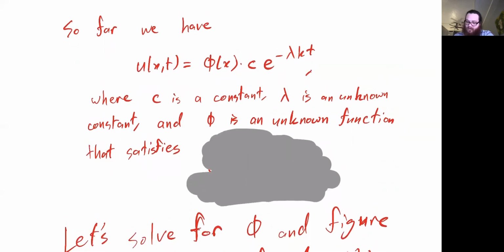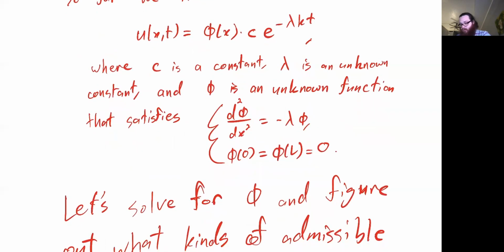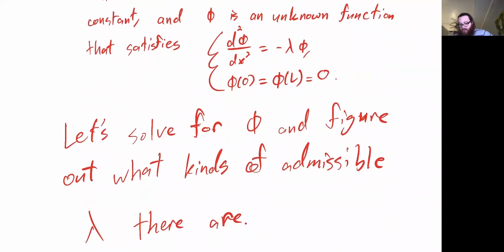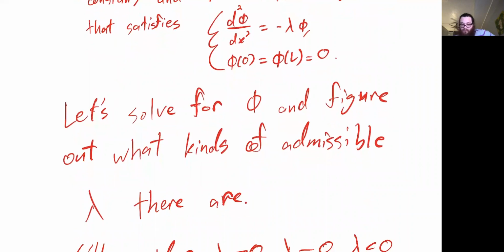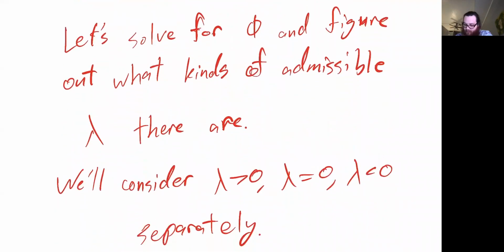So we have some information about phi. It must satisfy this second order ODE and the boundary conditions. We're going to solve for phi by standard techniques from ODEs, and at the same time, figure out what lambda could possibly be.